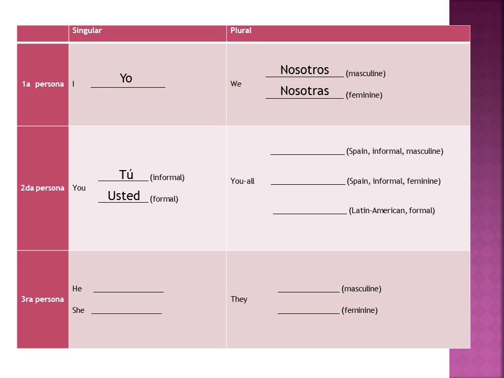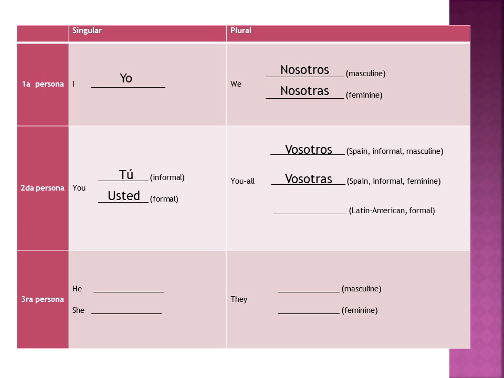Now let's look at the second person of the plural. The second person of the plural, when it's informal, masculine, and this one is used in Spain, is vosotros. Now the second person of the plural, when it's used in Spain, it's informal and feminine, it would be vosotras. Now this is very important. If at any time you have a question, what is the plural of tú, which is informal, then the plural of tú would be vosotros if it's masculine, or vosotras if it's feminine.